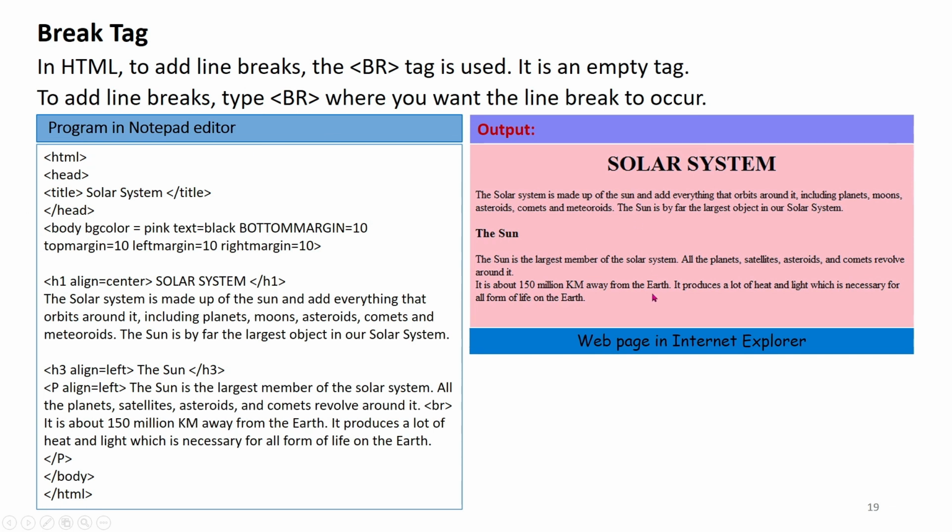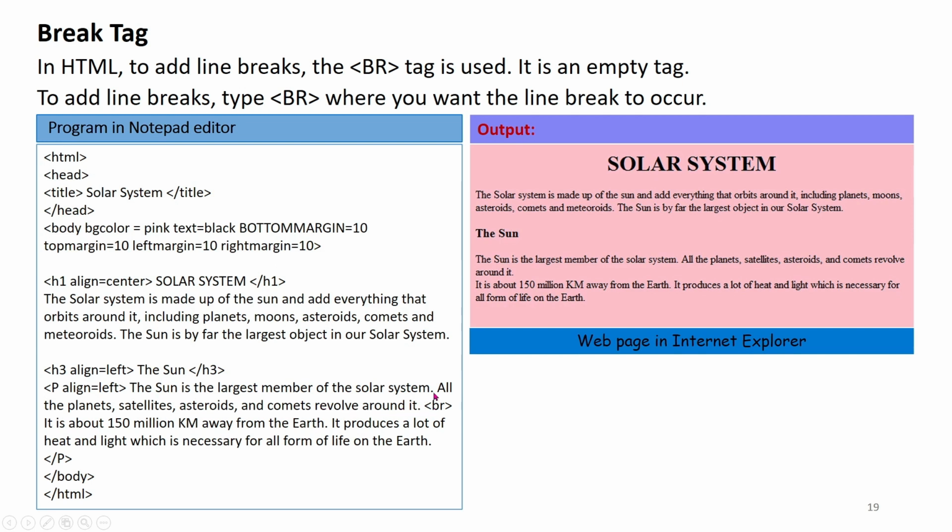So in the same paragraph, the same text that we have learned just now in my previous slide, same paragraph is written, only the difference is after this around it. In this paragraph, after the word around it, I have given break tag. See, you can see the paragraph written here, and around it, and comments revolve around it.